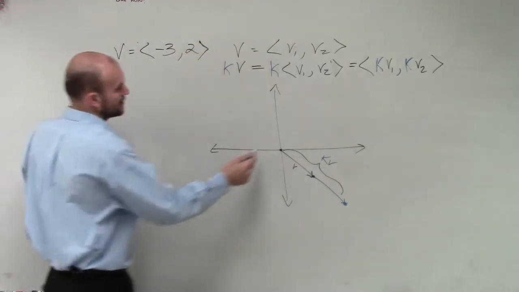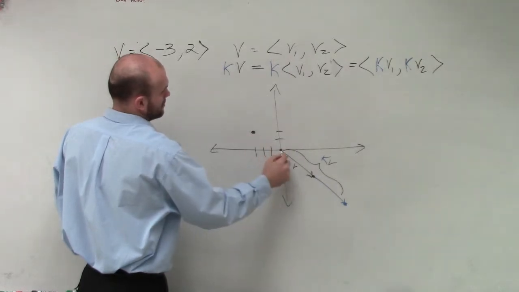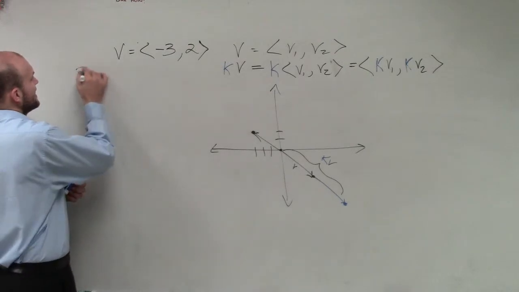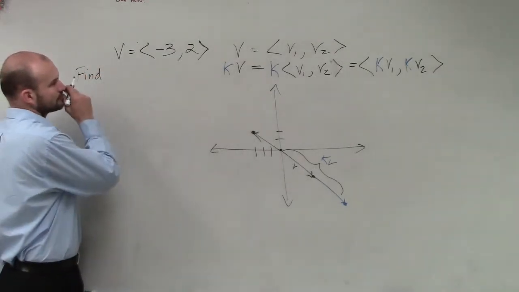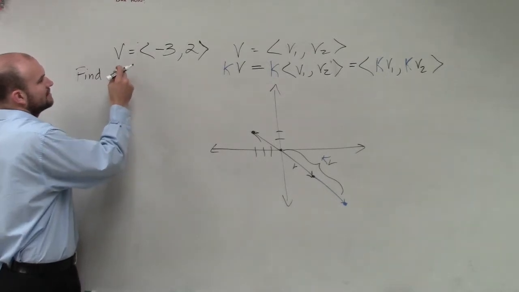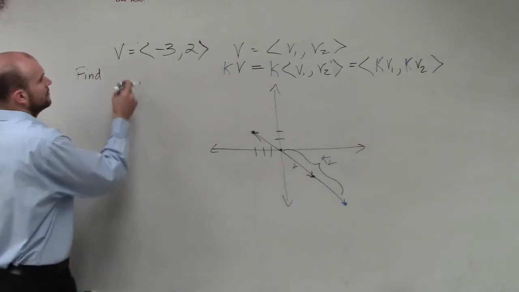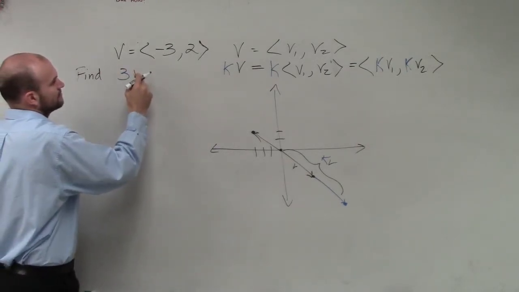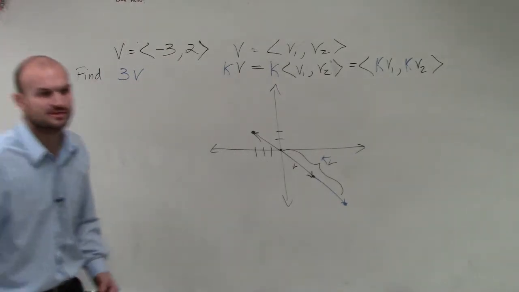So I go -3, then up 2. Then let's say I say find 3v. So that's your new scalar.